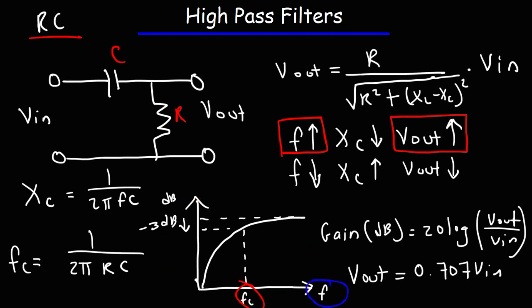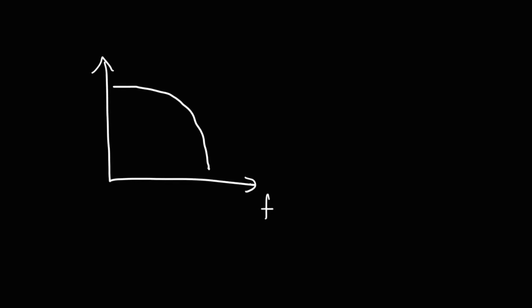As the frequency increases, that is, as we go to the right, we can see that the output voltage is going to increase. The graph is going up. It's not going down. In the case of a low-pass filter, we saw the output signal decreasing when the frequency increased. As you travel to the right, you can see that the graph is going down. So that's a characteristic of a low-pass filter.